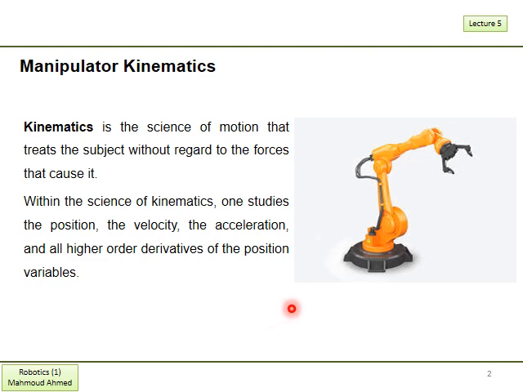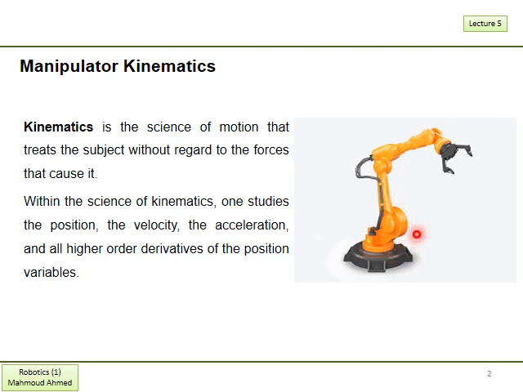So kinematics is considered to be the science of motion that treats the subject without regard to the forces that cause it. So we simply study the geometry of our manipulator without considering the forces that cause this geometry in this shape.